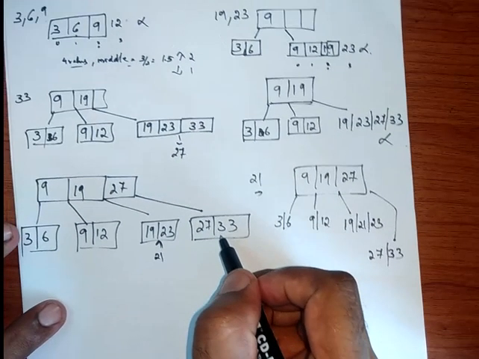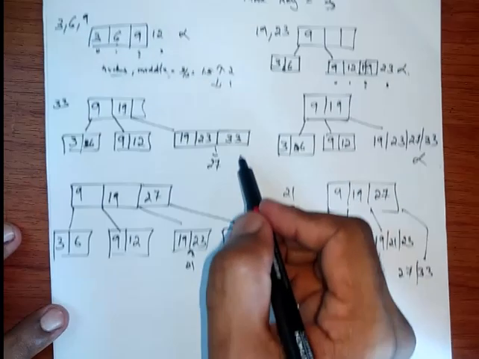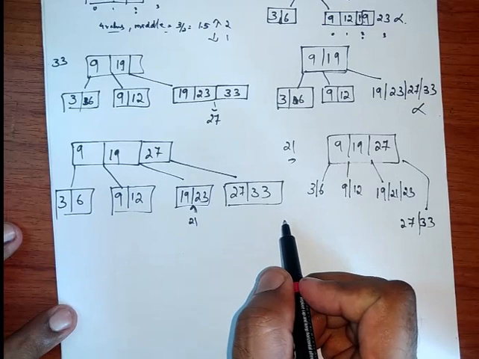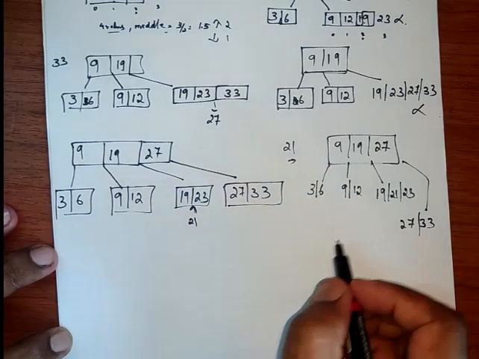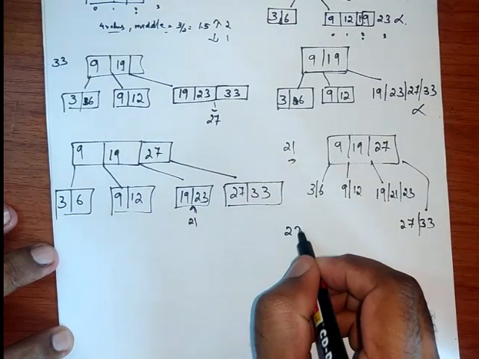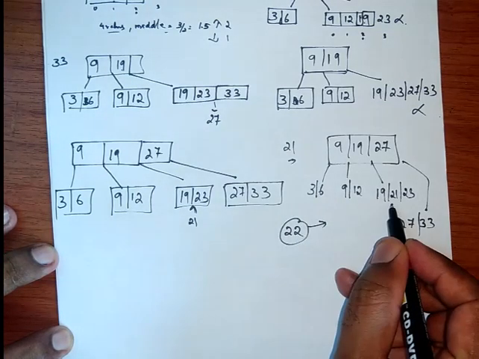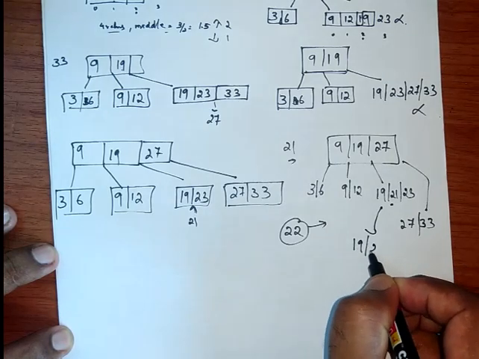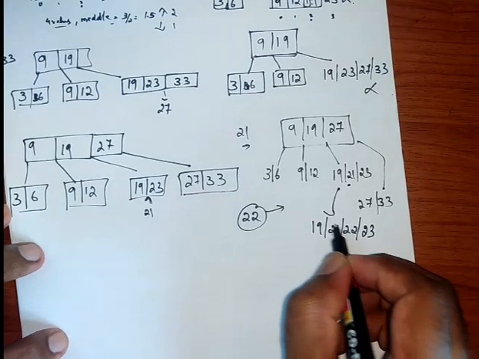And next we need to insert the value 22. So 22 will go to 9, then 19, and next is 27. So it should be placed between 19 and 27. Where it comes, the node 19, 21, 23 will be formatted like this: 19, 21, 22 and 23.